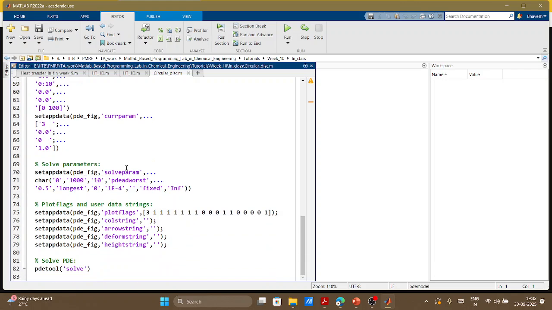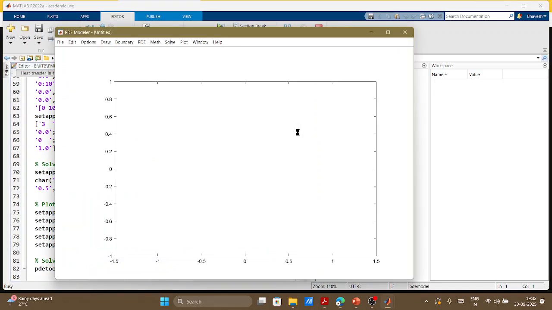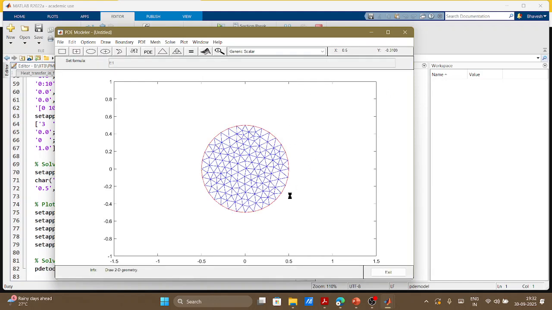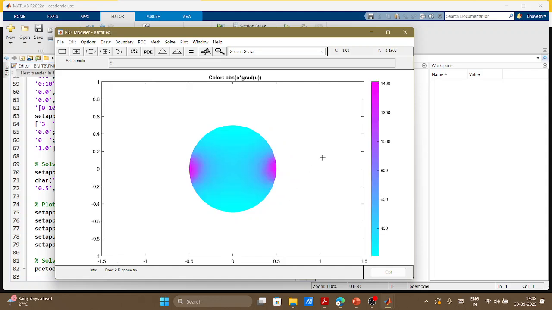So all of that is done. So when I run this, what I will get is the PDE modeler. It will open and give me the same exact things that I have done, right?